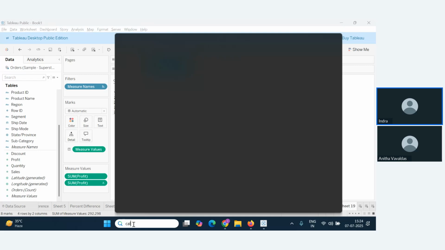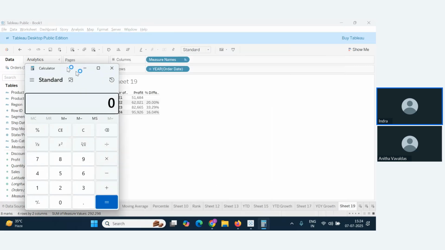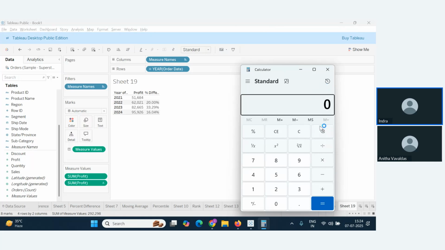Let's see how these values are coming. 62021 minus 51684 is 10,337, divided by 51684. See, it comes out to be 20%. Similarly, let's see 82665 minus 62021, 20,644, divided by 82665.